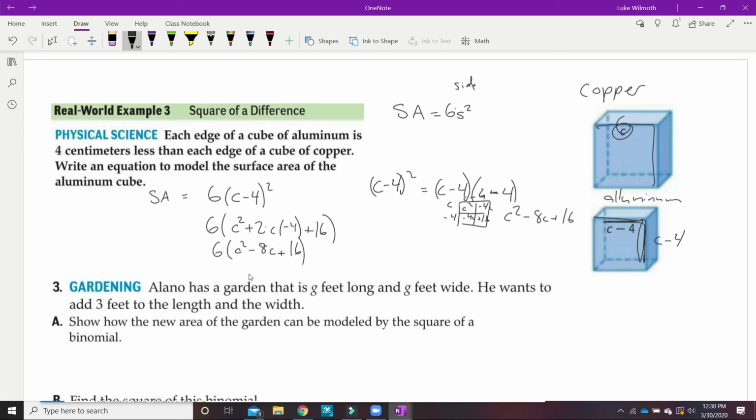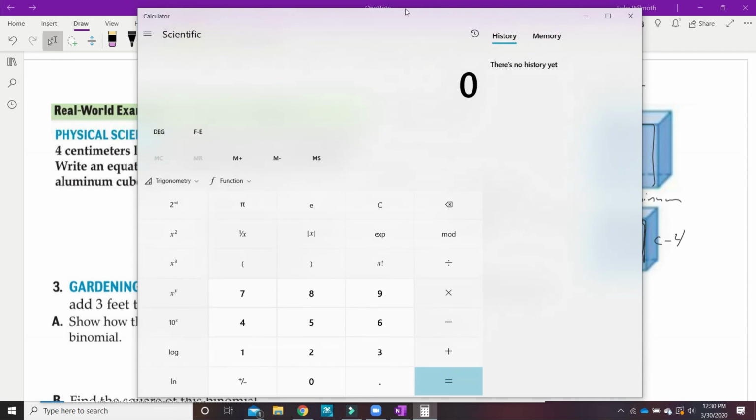And now we just multiply everything times 6. 6 times c squared is 6c squared, times 8 is negative 48c, and times 16, 6 times 16, 96.